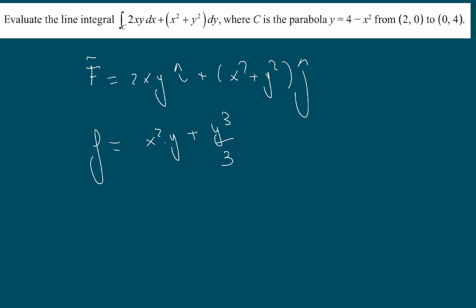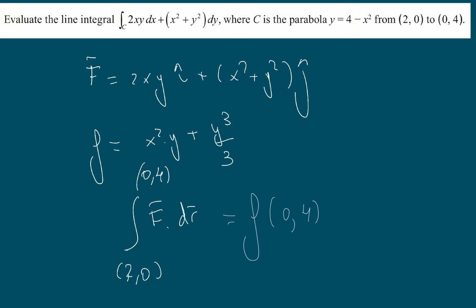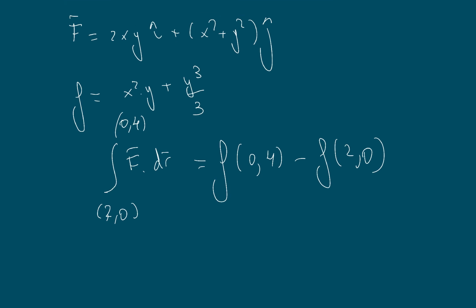So what we have to do to find f scalar dr from the point (2, 0) to the point (0, 4)? Well, do f(0, 4) minus f(2, 0), and you will obtain the result.